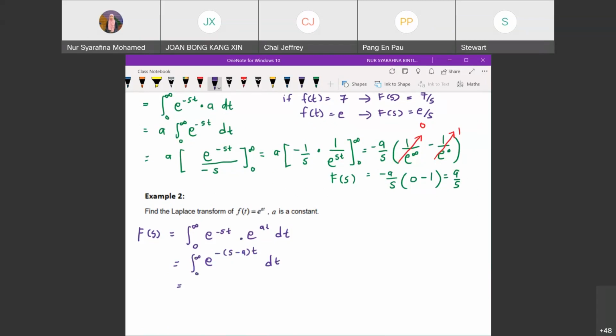Then integrate, and you will have negative 1 over s minus a, times 1 over e to the power of (s minus a)t, from 0 to infinity.